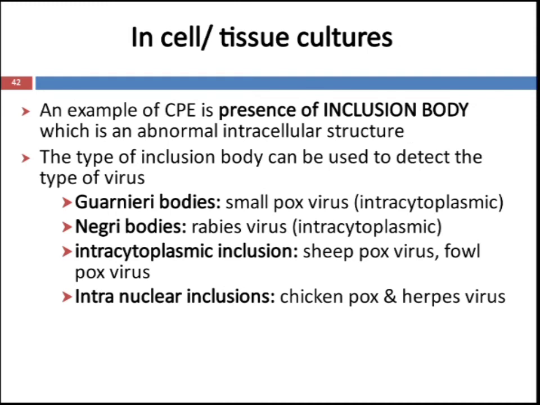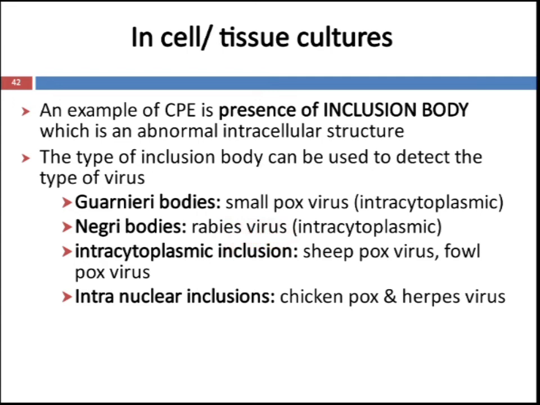An example of cytopathic effects is the presence of inclusion bodies, which is an abnormal intracellular structure, and the type of inclusion body can be used to detect the type of viruses. If the inclusion body is Guarnieri body, the virus will be smallpox virus, which is grown intracytoplasmic, and if it is Negri bodies, the virus will be rabies virus.